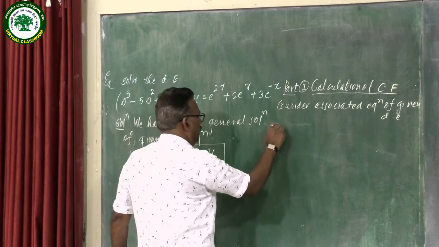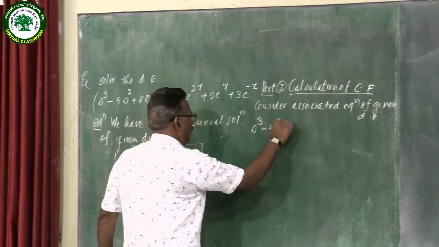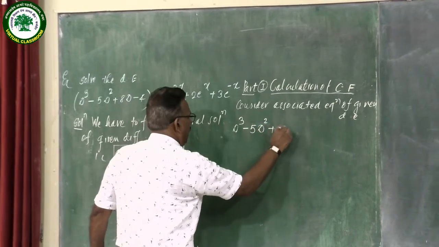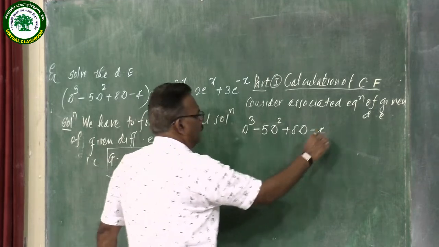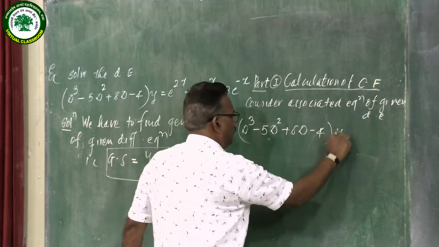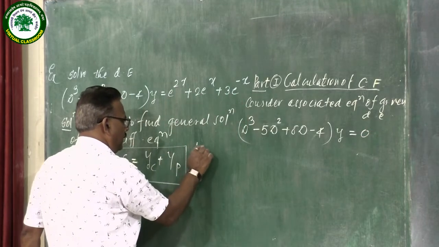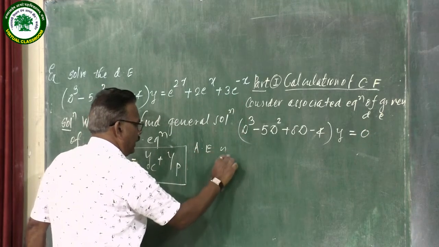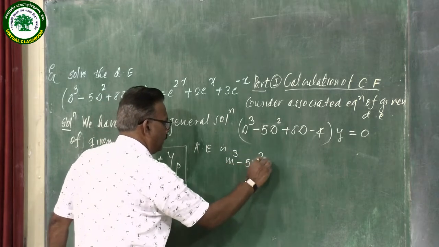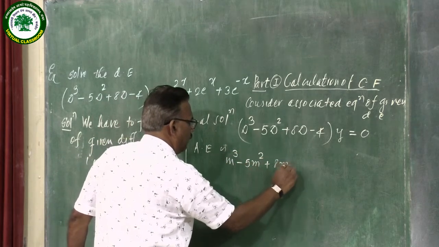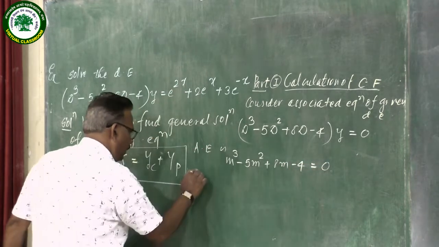Therefore, D raised to 3 minus 5D square plus 8D minus 4 y is equal to 0. The auxiliary equation is m cube minus 5m square plus 8m minus 4 is equal to 0.